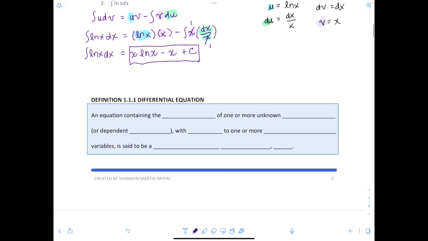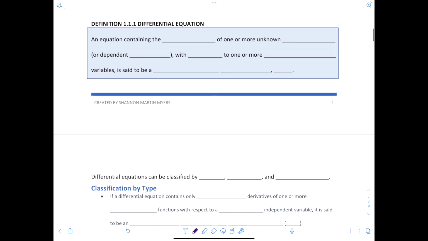All right. First definition, differential equation.